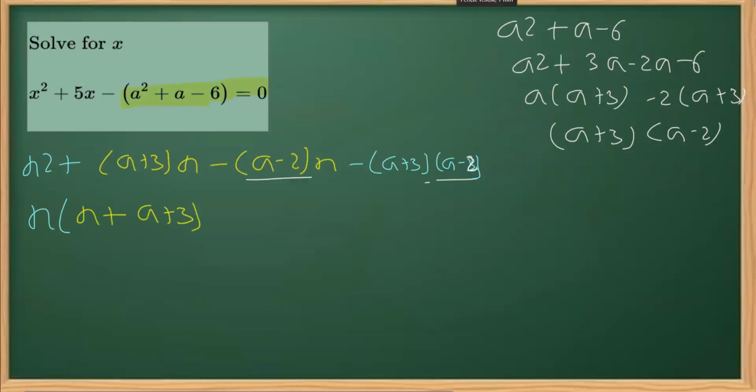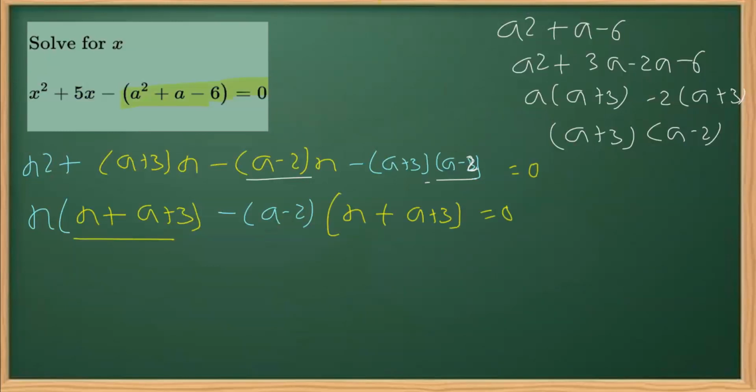So if I take a minus 2 as common, there's a minus outside, so we'll be taking minus (a minus 2) as common. What we'll get inside the bracket is 1x from here, and since we have taken a minus common, this sign will get positive. So we'll be writing positive (a plus 3), is equal to 0.